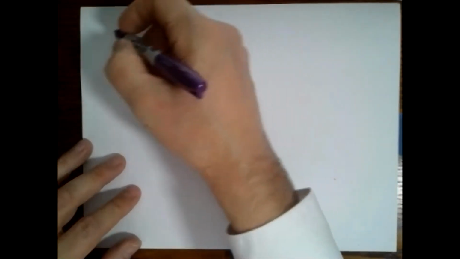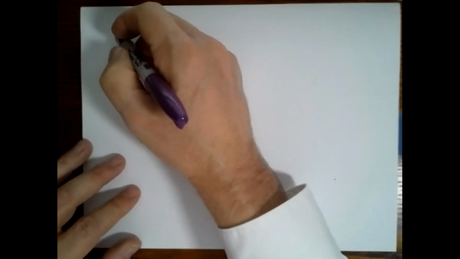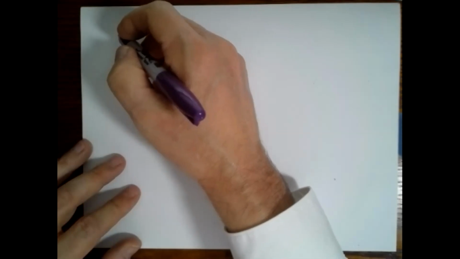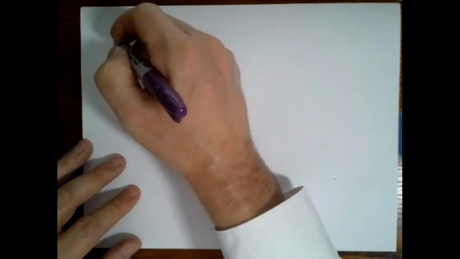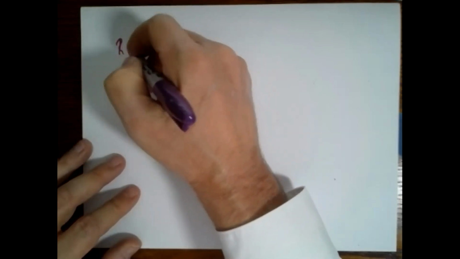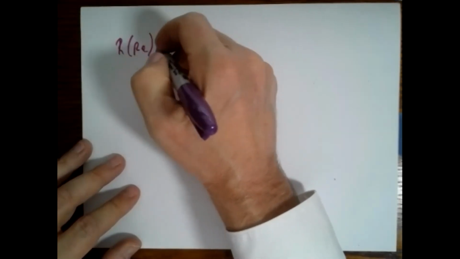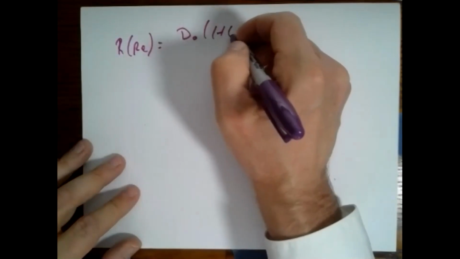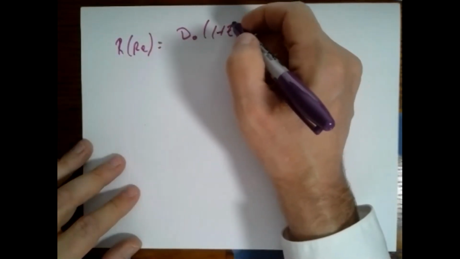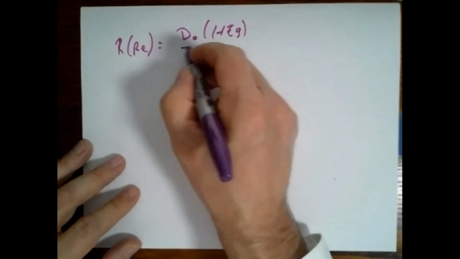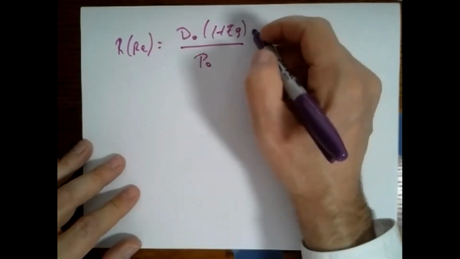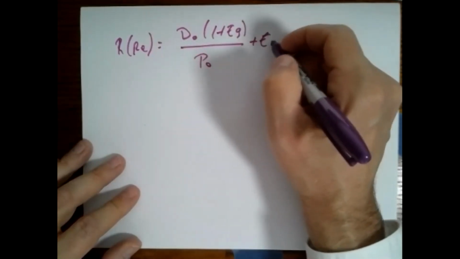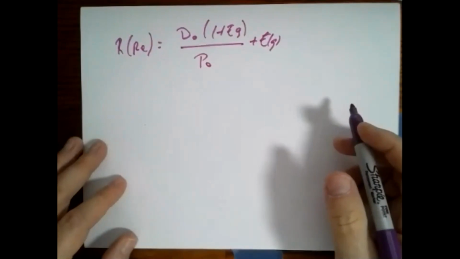Another model that we worked on was from chapter 12, the constant growth dividend valuation model, which said the required rate of return on equity is equal to D0 times 1 plus EG over P0 plus EG, right?